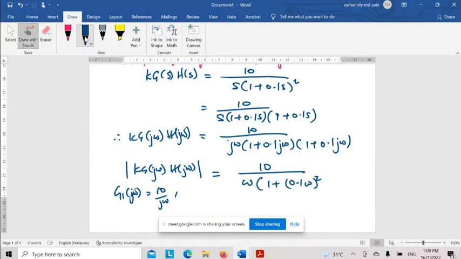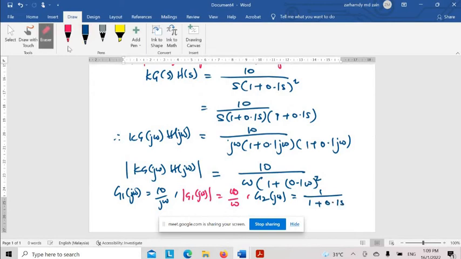From here you can get G1 of j omega as 10 over omega. Then we get G2 of j omega, which has 1 plus 0.1 j omega.